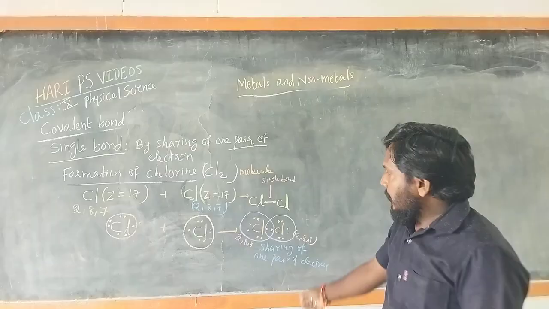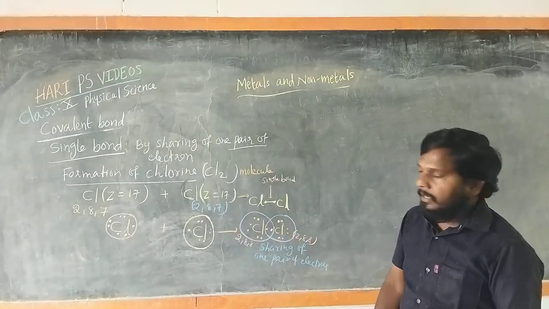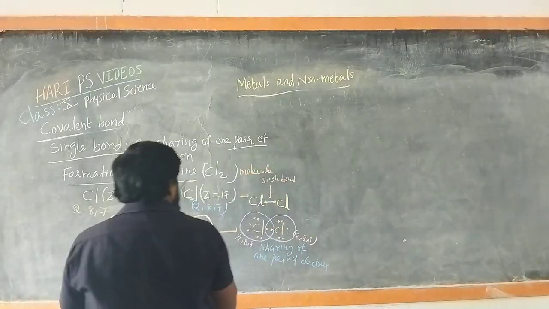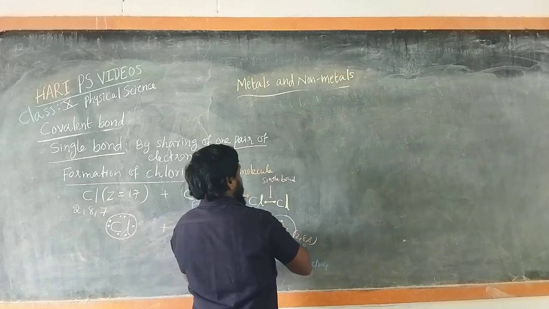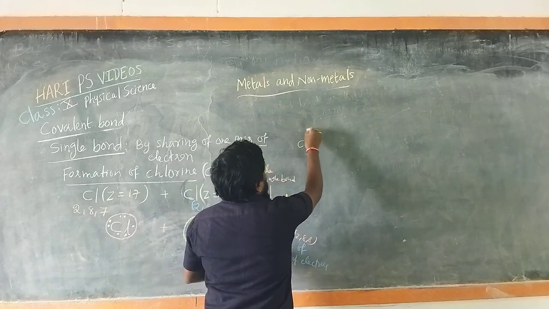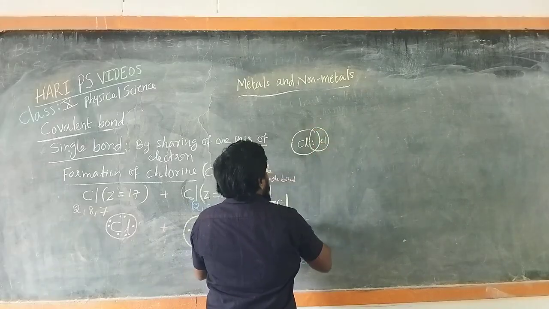So I already represented the diagram. Other diagrams we can also represent simply, for example, like this. One chlorine atom, then another chlorine atom.